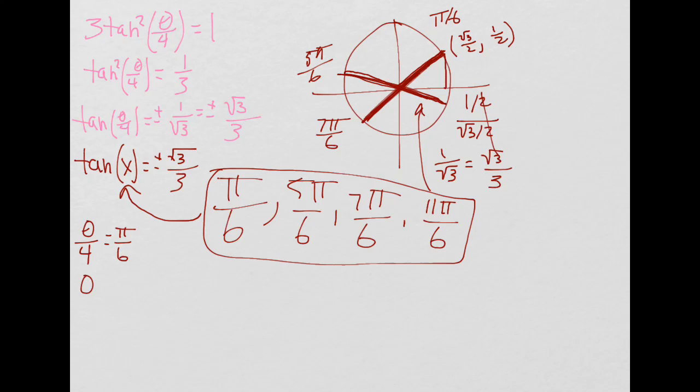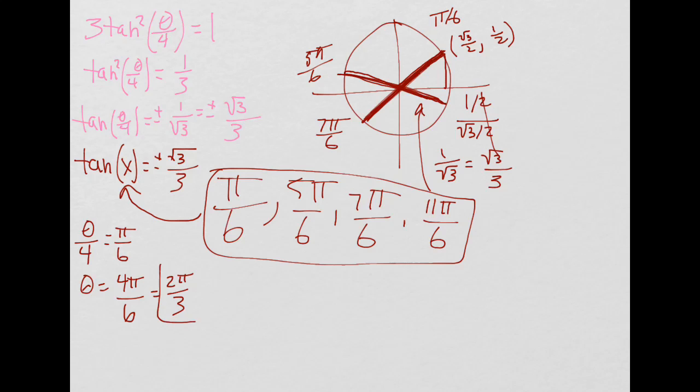So to do that, you're going to get theta equals 4 pi over 6, which is 2 pi over 3. Now notice the first step there was to multiply by 4 on both sides. That's going to happen with each of these cases. So I'm going to jump straight to that. All I'm going to have to do is multiply each of these values that I found by 4 and see which are still in that interval 0 to 2 pi.